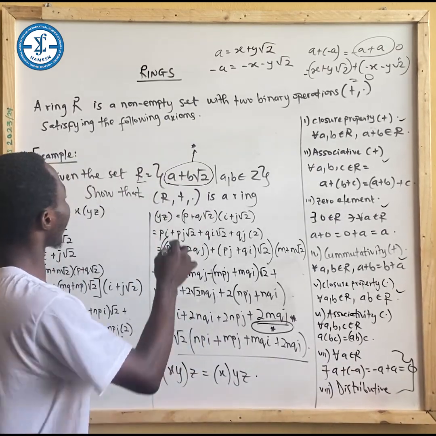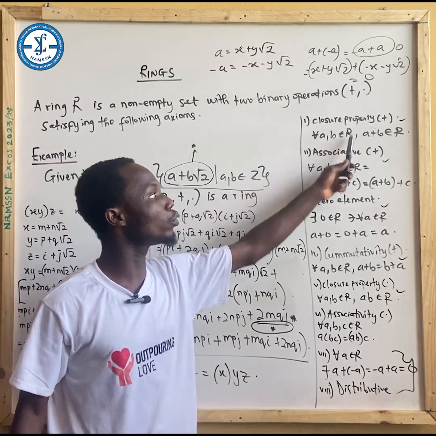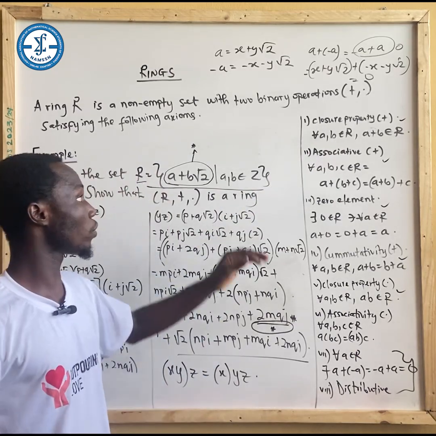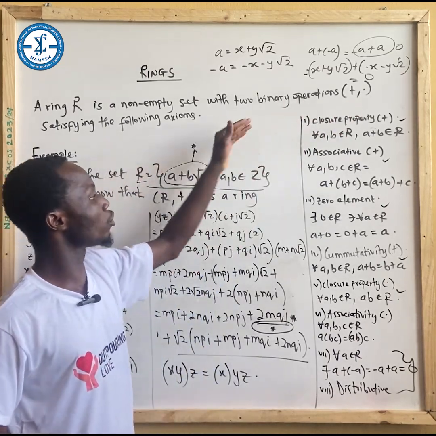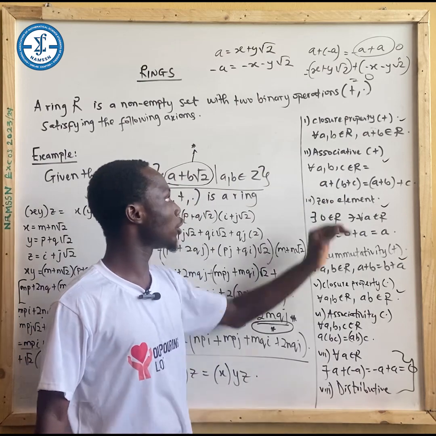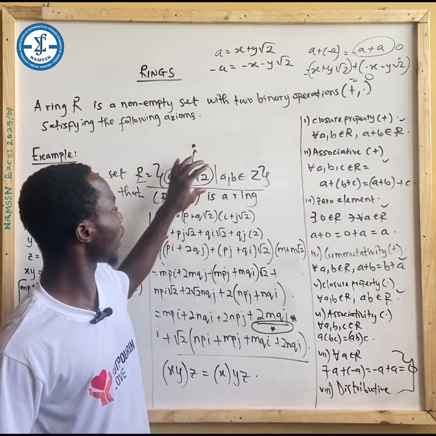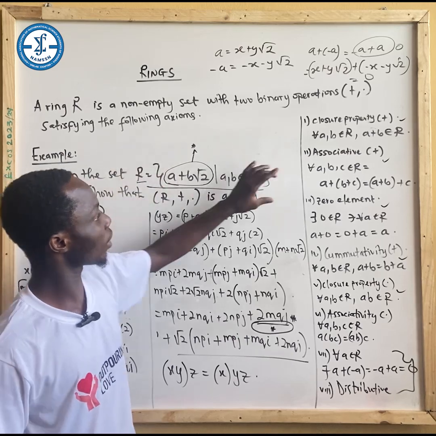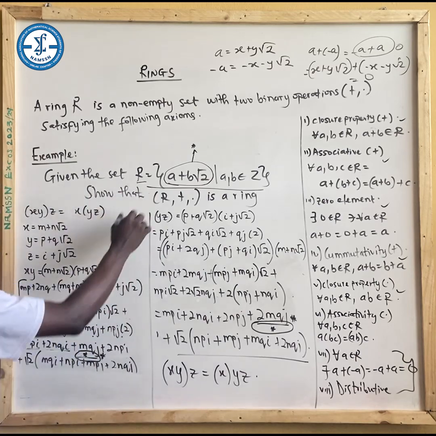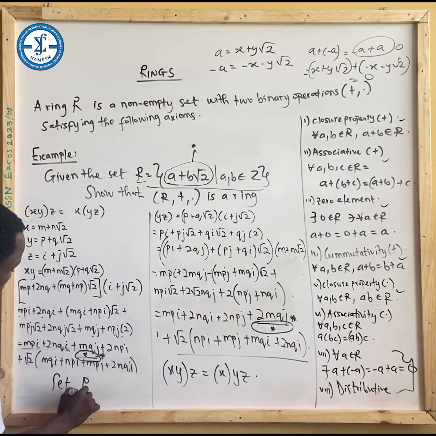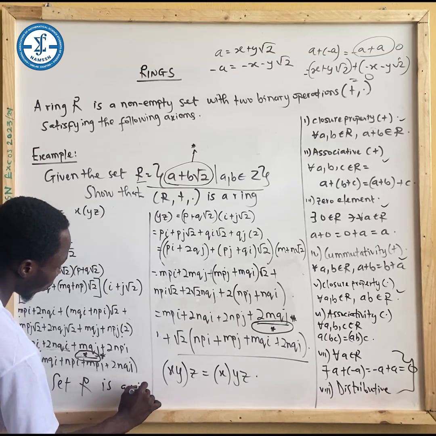So anytime you're asked to do anything like this, the first thing you have to do is always define what a ring is. The first one I saw was group. Before you can show me that a given set is a group, define what a group is. Then you pick each property satisfying a group, and then you start showing that this particular set satisfies each of them. Then at the end of the day, you can now say the given set R is a ring.